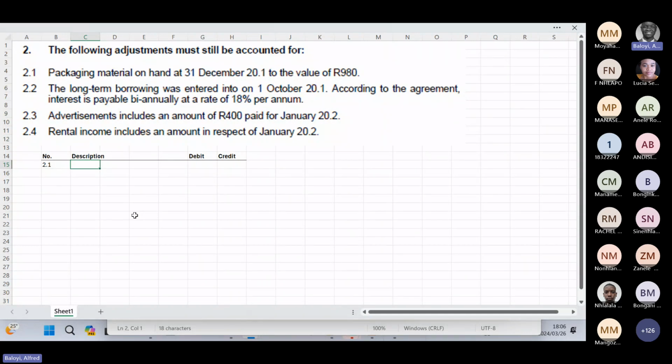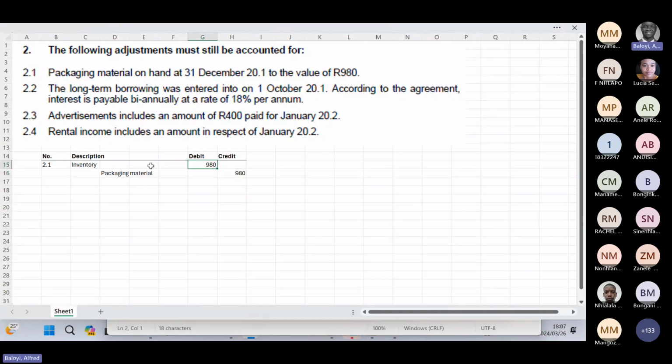If you have packaging material or stationery that was remaining at the end of the period, you will expense the total amount. However, whatever is left must be moved to inventory. So you will debit inventory and credit the packaging material. This is straightforward. You will use the amount of 980.